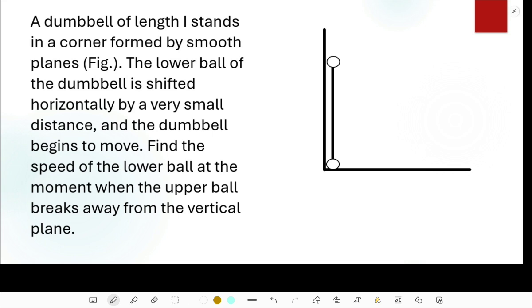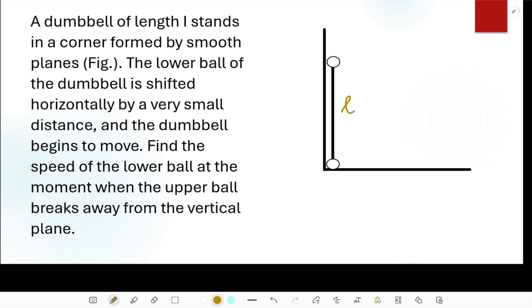And the statement of the question is: a dumbbell of length L. This is the dumbbell. Length L stands in a corner formed by a smooth flange. One is horizontal and another one is vertical.